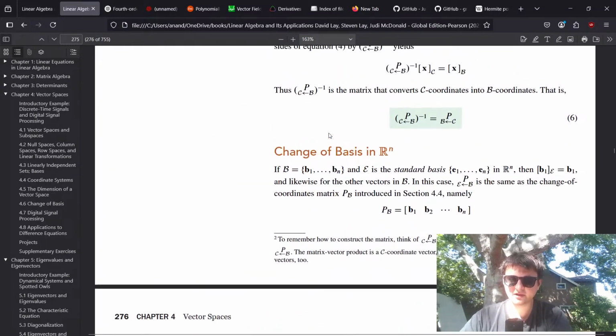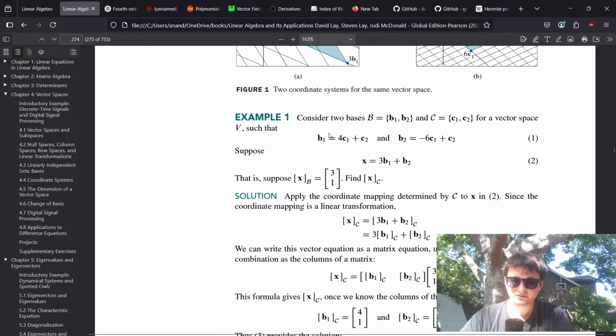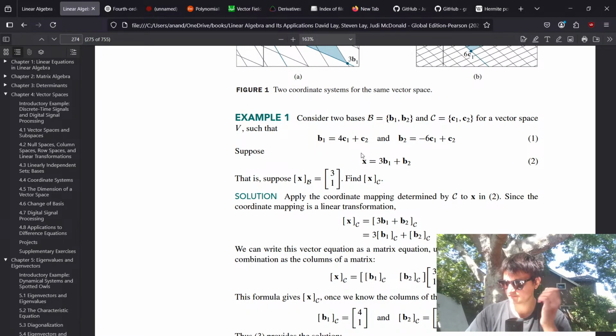I don't know why it's just so confusing to me. So this is going to take an F coordinate vector and give it as a G coordinate vector.